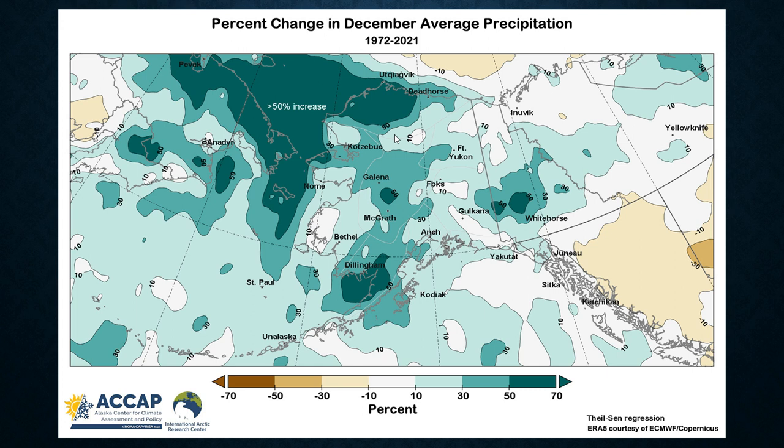Change in the precipitation for November. Okay, so this is getting more precipitation, this is getting less precipitation. Well, pretty much everywhere you see maybe 0 to 10% increase in precipitation, but in some places there's been a massive amount of precipitation, and again, especially over in the Chukchi and the North Slope.